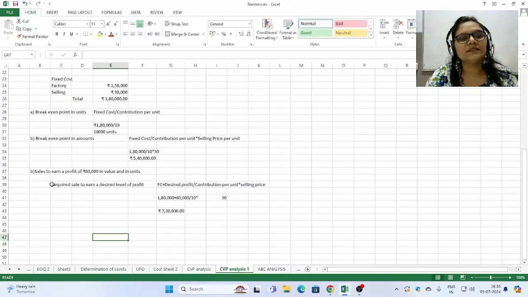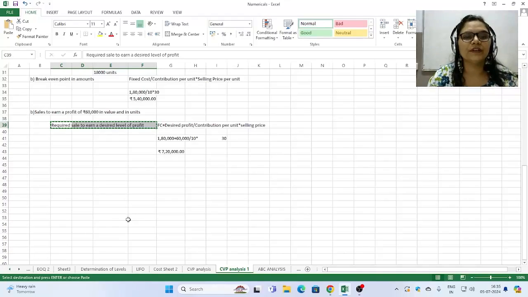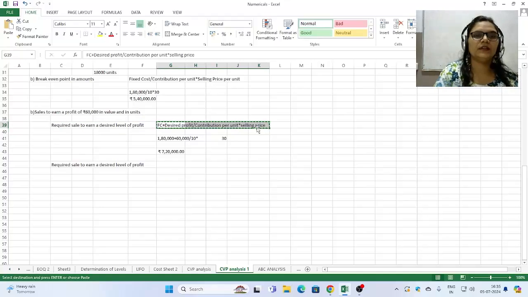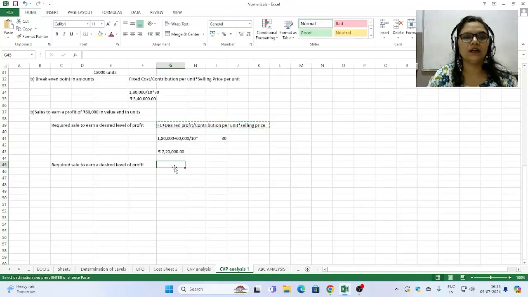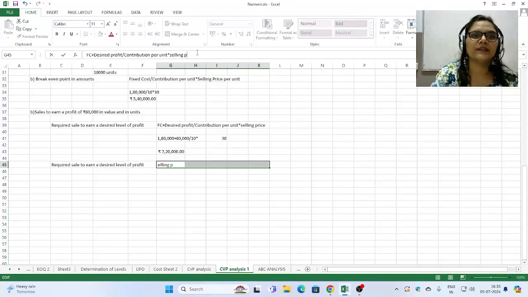Next is required sales to earn a desired level of profit in units. So the only change we will have in the formula is we will not use selling price.